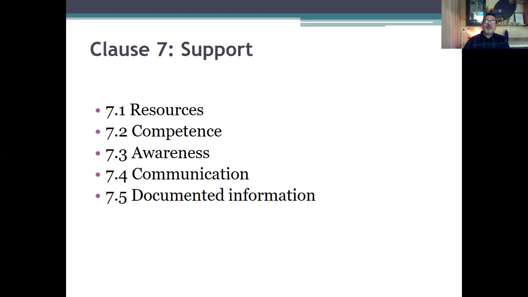7.5, documented information. Documented information, which you will have seen mentioned several times during this presentation, marks another change implemented in the 2015 standard. The change is designed to allow each organization to shape documented information to their own requirements in general, with the exception of the mandatory components mentioned specifically in the standard, and therefore in this presentation.